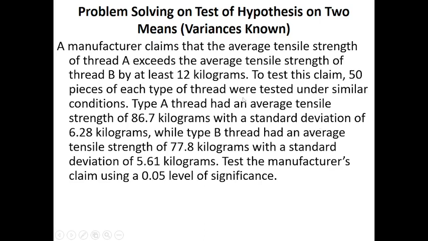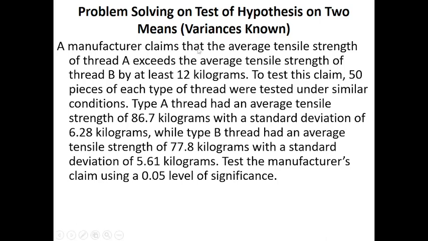Type A thread had an average tensile strength of 86.7 kilograms with a standard deviation of 6.28 kilograms, while Type B thread had an average tensile strength of 77.8 kilograms with a standard deviation of 5.61 kilograms. Test the manufacturer's claim using a 0.05 level of significance.